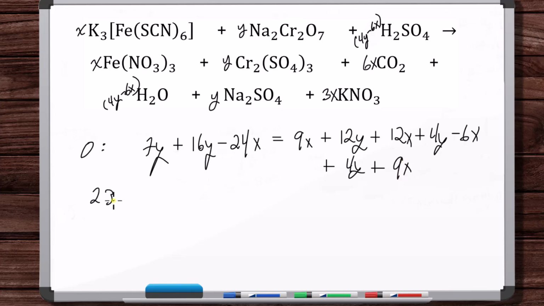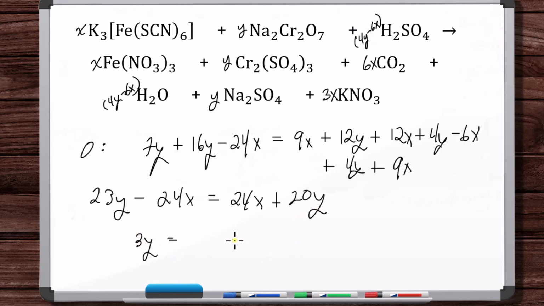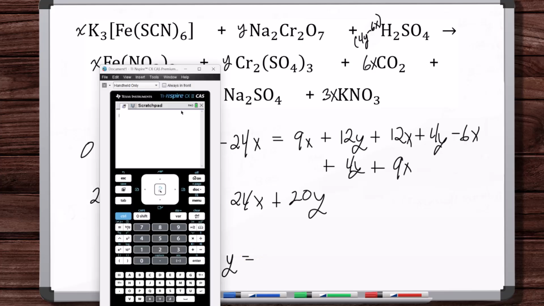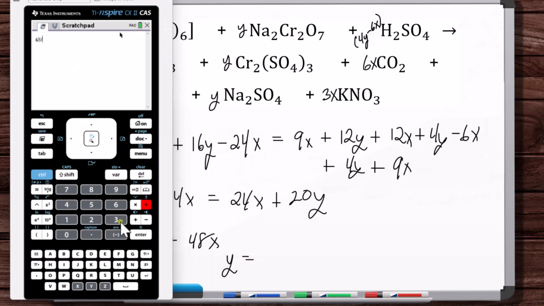So, okay, 23Y minus 24X is equal to 21X minus 6X is 15X, plus 9X is 24X. And then 12 plus 4 is 16 plus 4, so 20Y. Okay, subtract 20Y from both sides, you have 3Y. Add 24X to both sides, you've got 48X. So Y is 16.